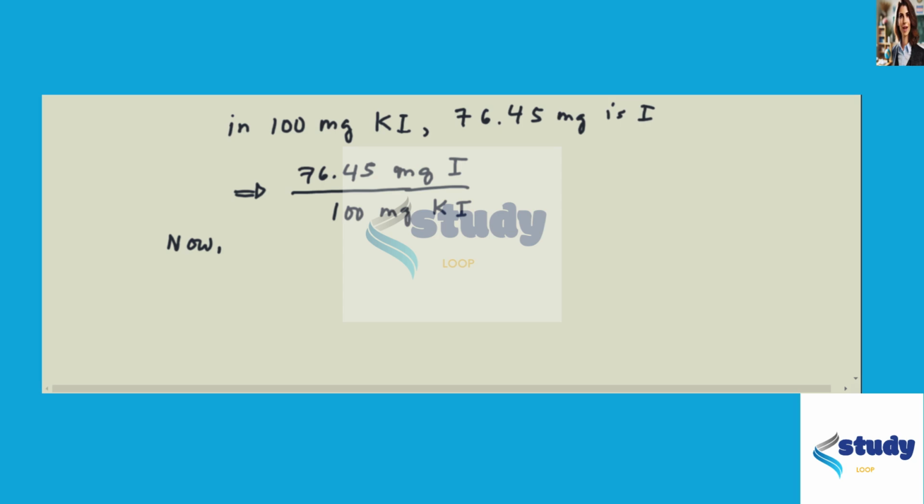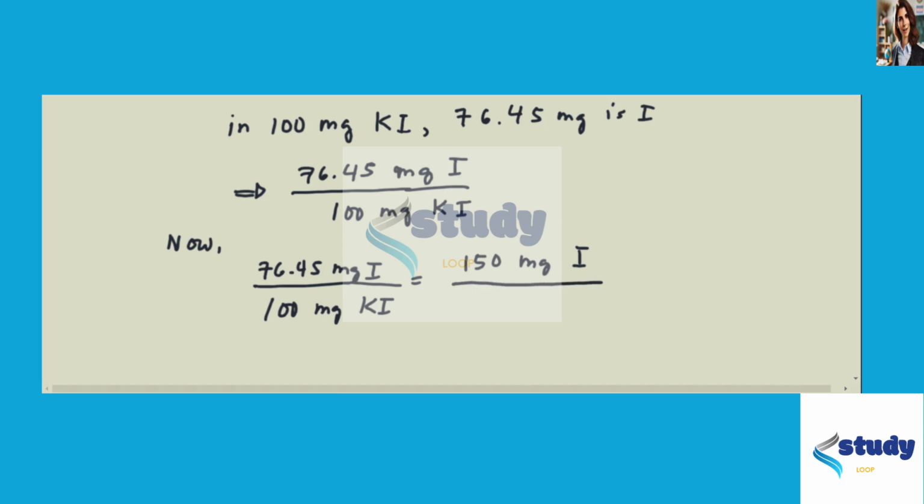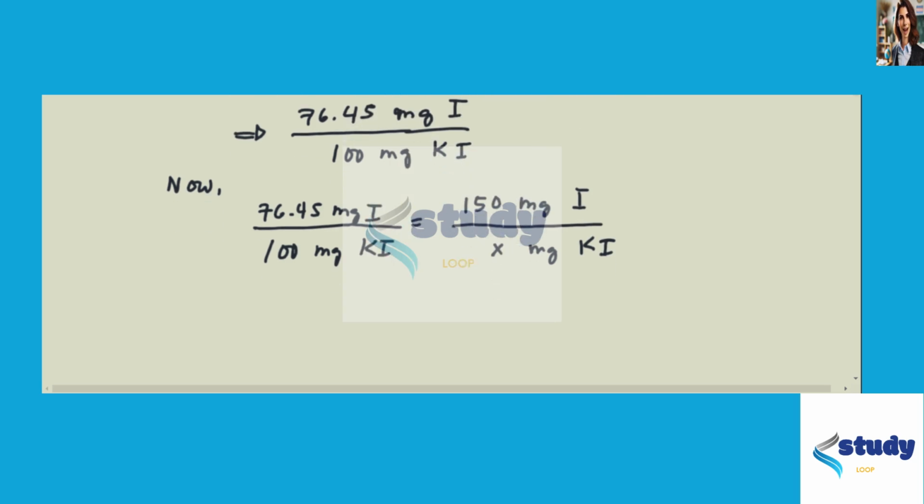So again, by ratio and proportion, we will have 76.45 milligrams of I per 100 milligrams of KI equals, so we want to have 150 milligrams of iodine, and we wish to find X milligrams of potassium iodide that provides us 150 milligrams of I.